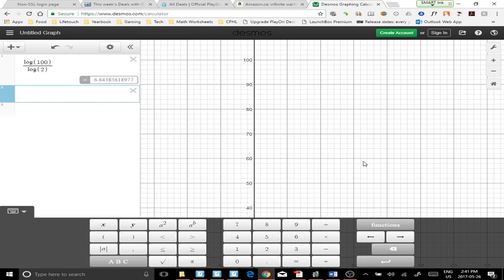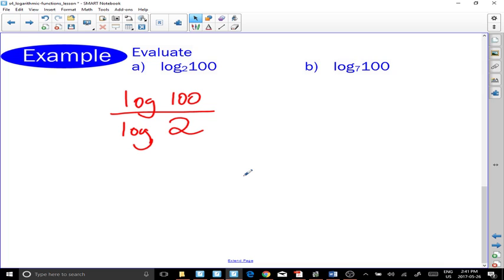So Desmos is a calculator as well as a graphing tool. Desmos can also do that calculation for you. Okay. So again, we already knew the answer from before, but we get 6.64 if we write it to 2 decimal places.